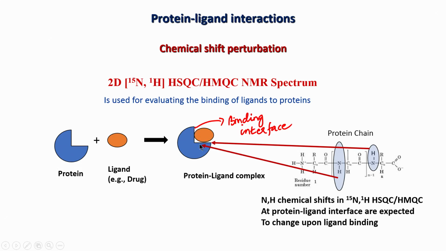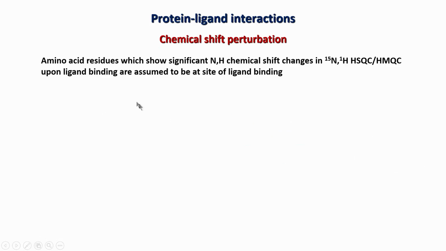That change will depend on what kind of ligand it is and how much structural change is happening. It is not that every time you will get the same type of changes for every protein. It depends from protein to protein, and on the ligand also. The amino acids which show significant changes in your spectrum are assumed to be at the site of ligand binding.